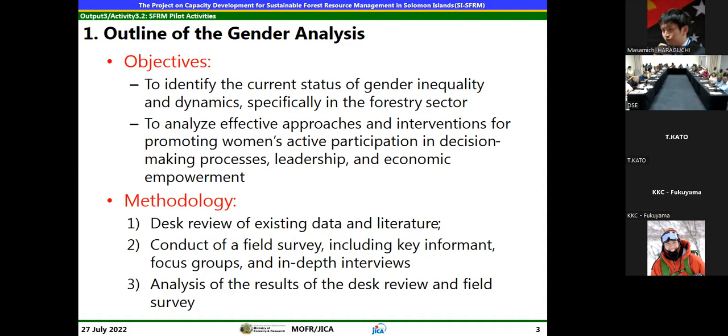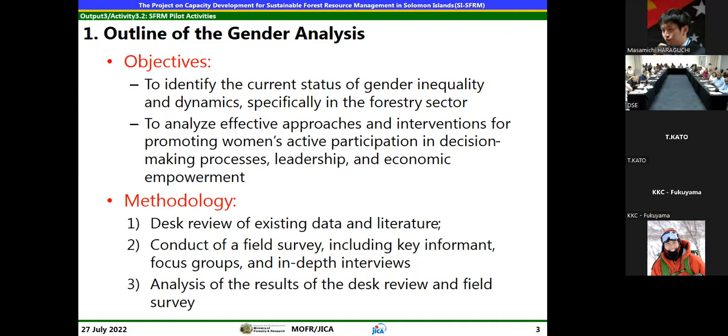So the methods that we carried out: we did a review of existing data and literature, not only on forest, but we also looked at the education, health sector, and other sectors as well, because these are connected.